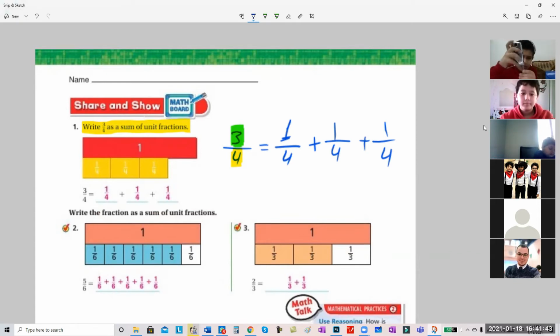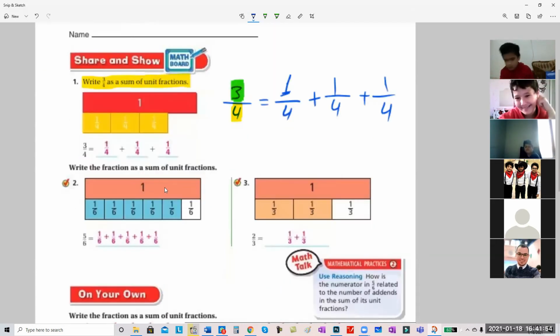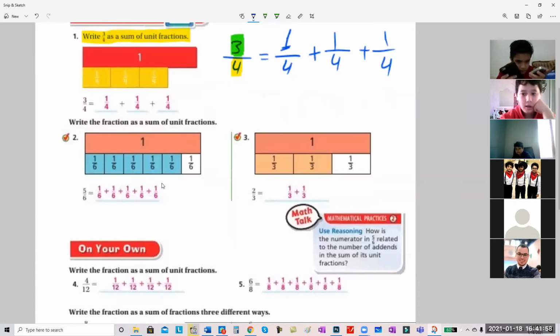You're a genius. Okay, what about Muhammad Abdul Wahid? Hello, Mister Muhammad, can you help me with the next one, number 2? Yes, I can. Write it as a sum of unit fractions. So 5 over 6, let's write it here.